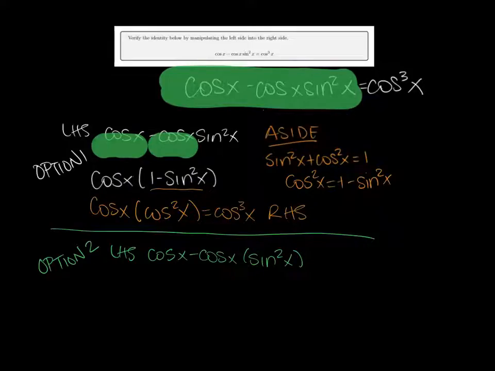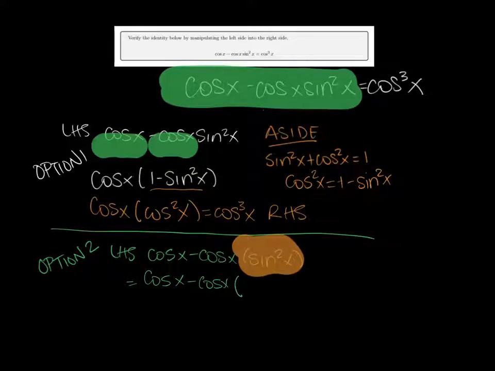But now what I'm going to do is make a substitution for this guy. So that's going to look like cosine x minus cosine x times 1 minus cosine squared x. Now, the careful part here is when you distribute this, this negative has to go with it.